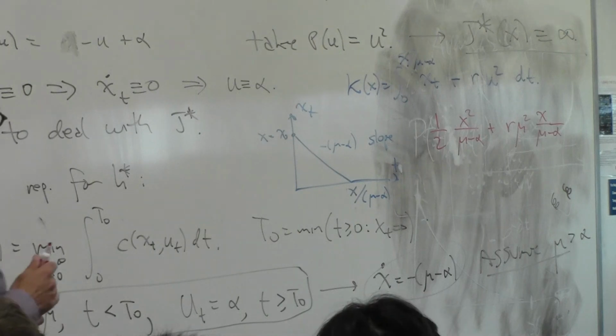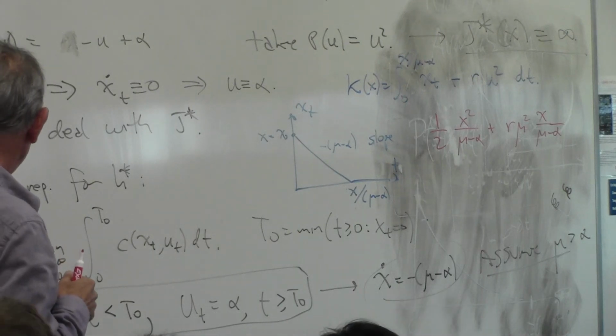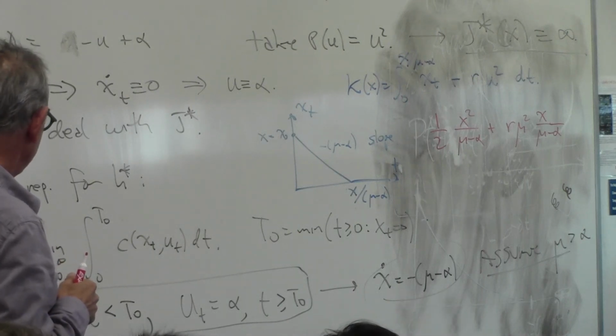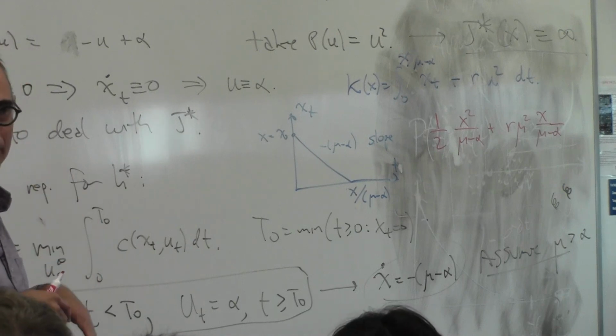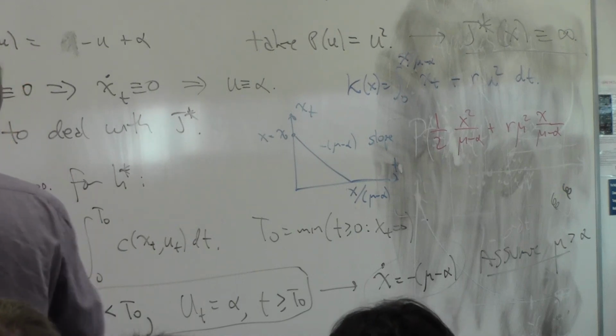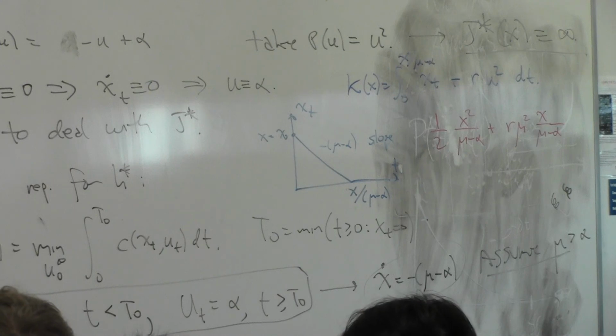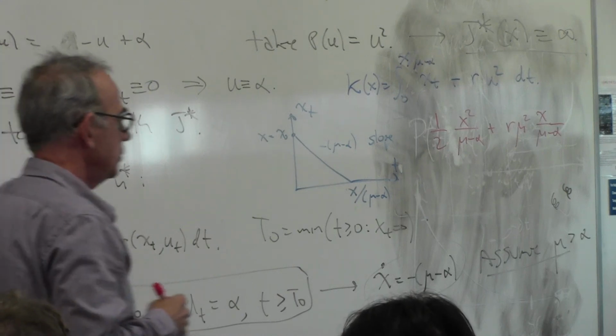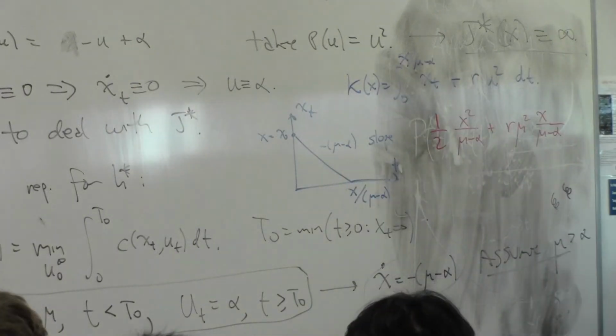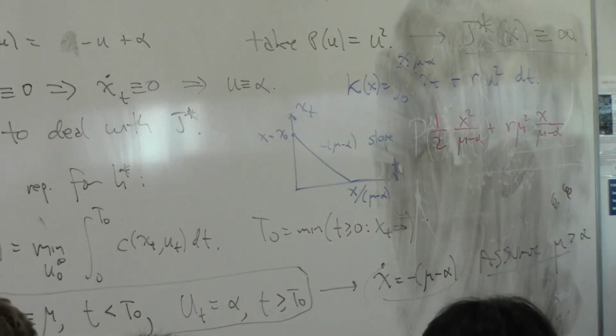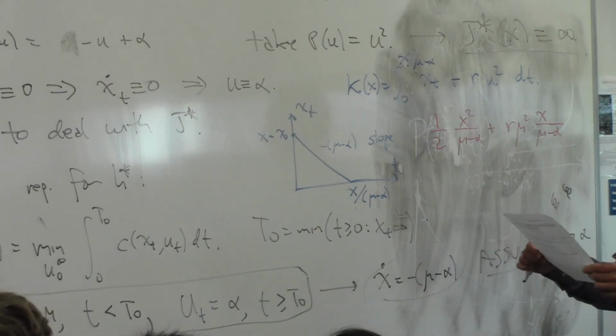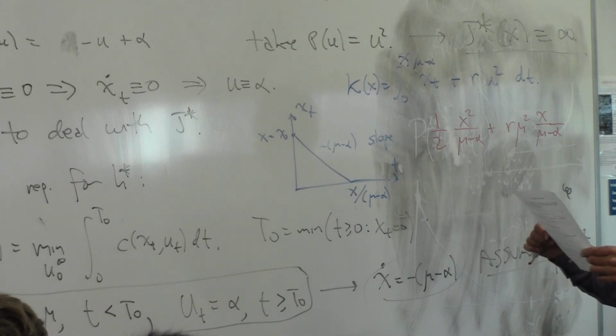Maybe the boundary conditions are different, but these solve the same ordinary differential equation. So you can actually solve this. And what you get is something ugly as hell. So 20 years ago, my students worked this out.